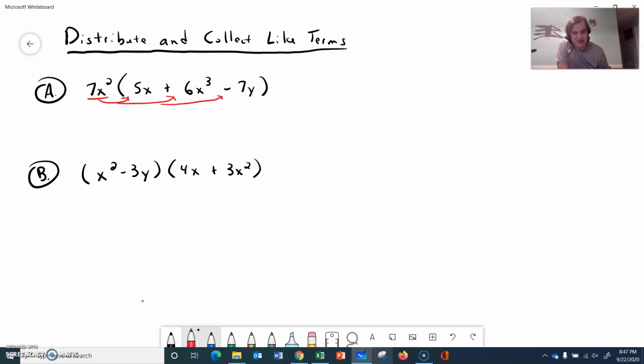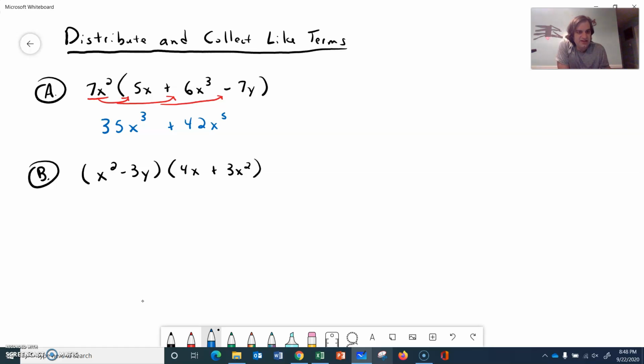You could rewrite this all if you want to, but since it's one term on the outside, we'll just draw some arrows. 7x squared times 5x will be 35x cubed. Remember your properties of multiplying bases for exponents. The next term, 7x squared times 6x cubed, will be plus 42x to the fifth because we're adding exponents.